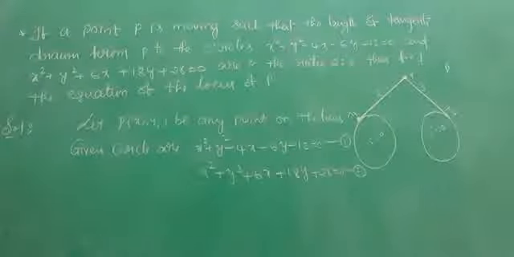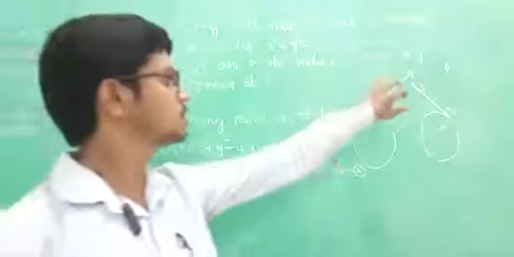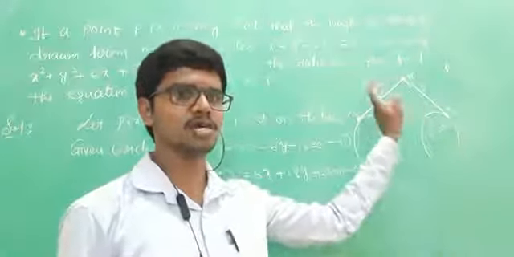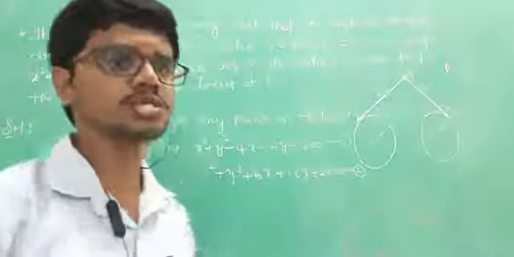What it has given is that the lengths of tangents from point P to the circle S and to the circle S dash are in the ratio 2:3.